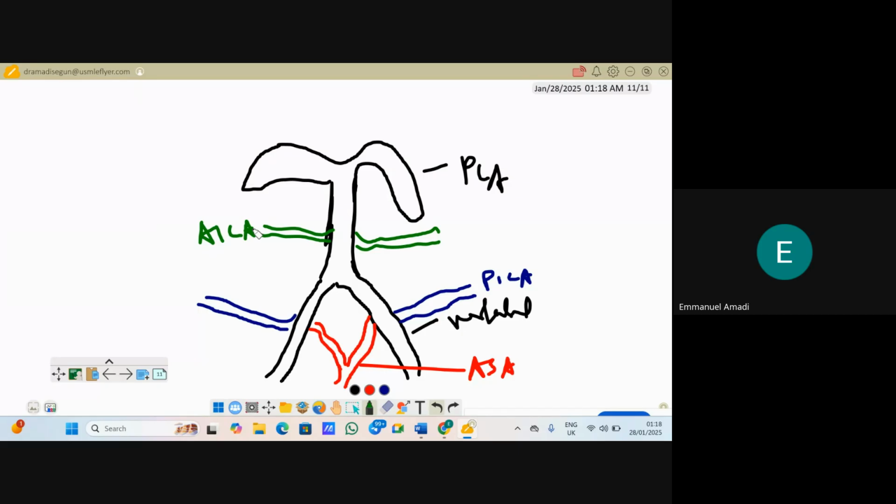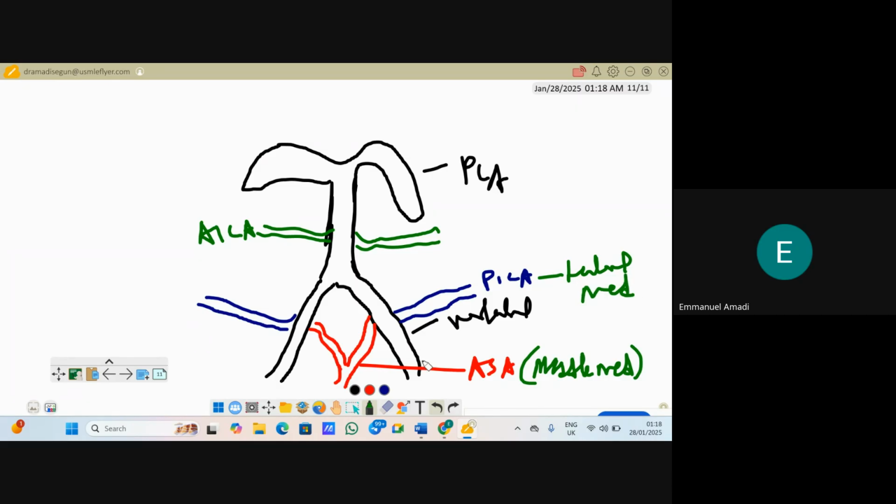Now, what you need to understand is this. Your anterior spinal artery, ASA, supplies the middle medulla. Call it middle med to abbreviate. The PICA supplies the lateral medulla.